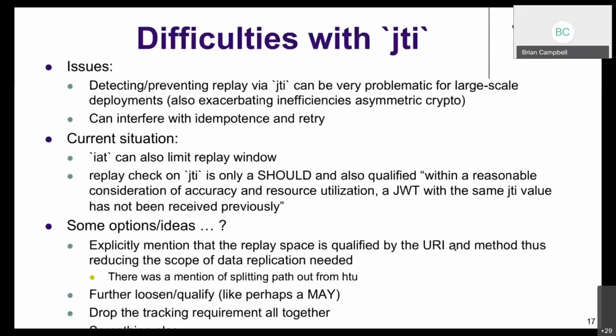We could further loosen or qualify the requirements on checking, making it a may or even non-normative text, encouraging it but not putting any normative requirements on it. The requirement on checking the JTI could be dropped altogether. I think a bullet got cut off there. There was also just, we could do something else, undefined, but brainstorm it.